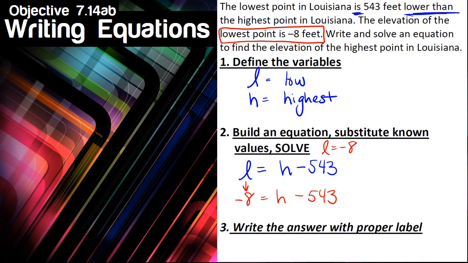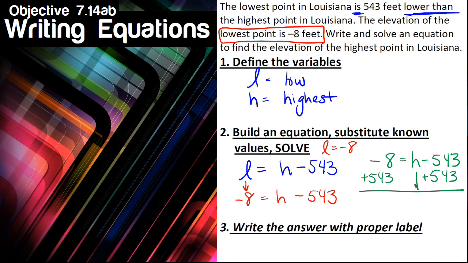Now let's go ahead and solve for H. So I'm going to go ahead and rewrite it here in my little space that I have. So to get H by itself, I'm doing the inverse of subtracting 543, so let's go ahead and add that to both sides.